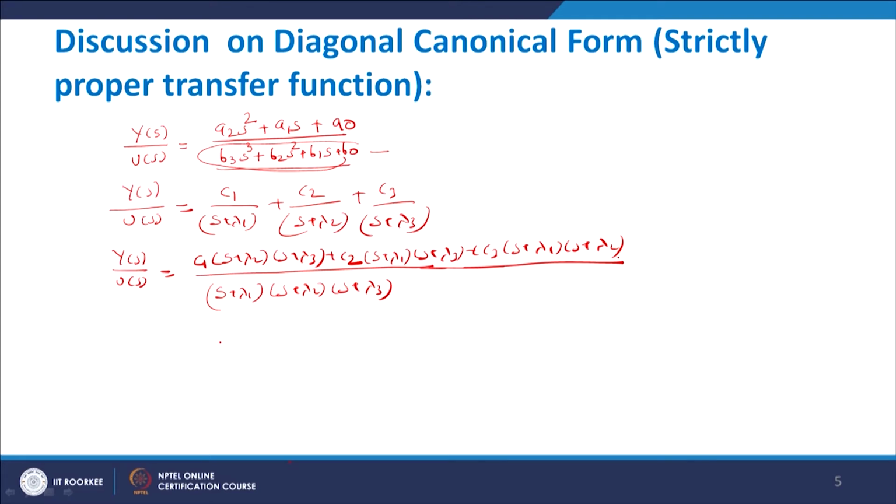So, here we have written the equation in terms of Y(s)/U(s) with C1, C2, C3 like this.